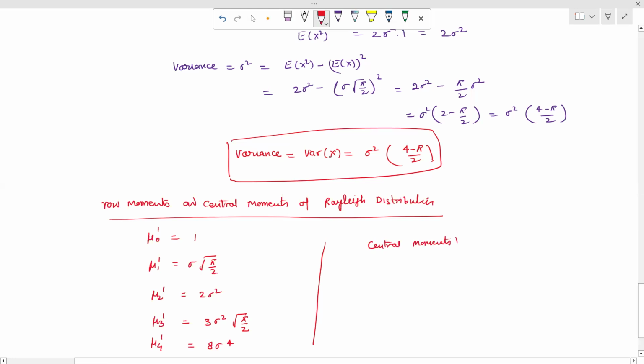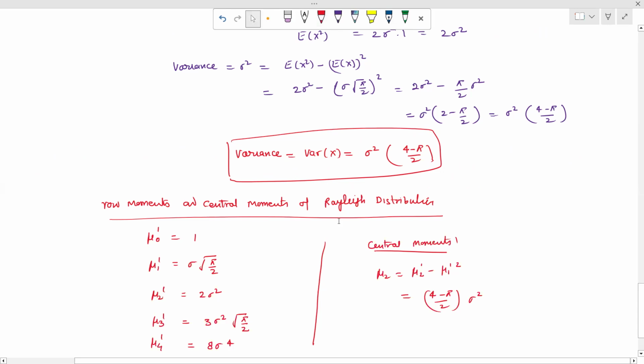Now we are talking about the central moments. When we calculate the central moments, mu 2 is equal to mu 2 dash minus mu 1 dash whole square. So this gives us the variance, 4 minus pi upon 2 into sigma square.